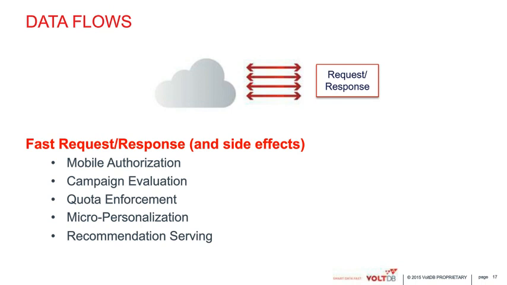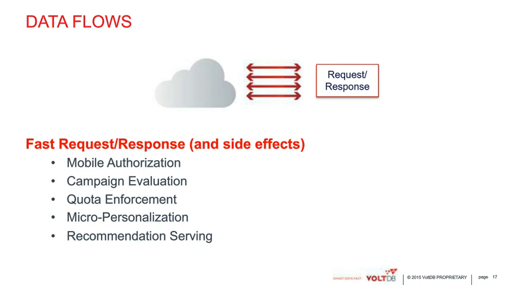Mobile authorization, real-time campaign spending metrics. Does a campaign have dollars still associated with it that allow it to serve an advertisement? Real-time quota enforcement against very large APIs, micro-personalization, recommendation serving, the list goes on.